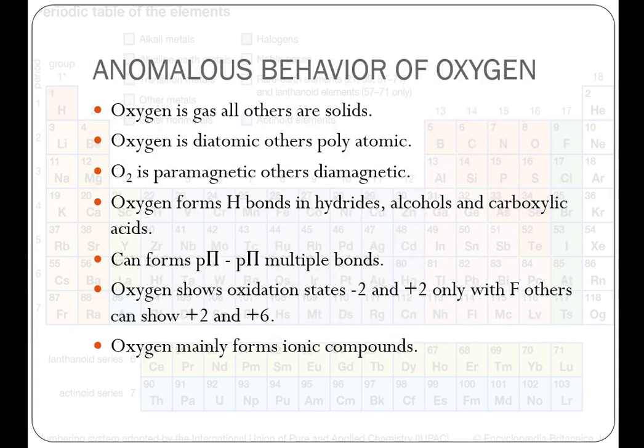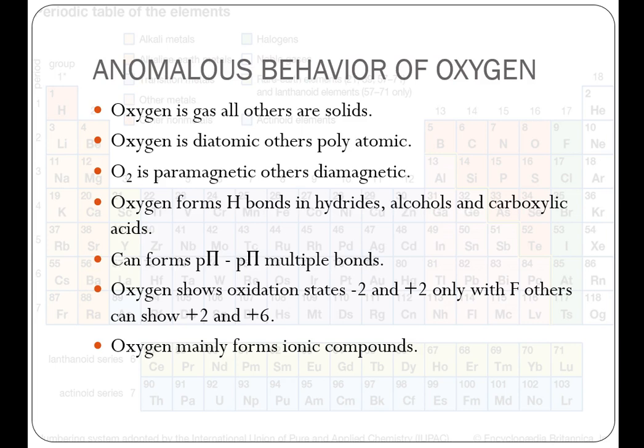Again, oxygen being the first element of the group has some properties which are different from the rest of the elements. It shows anomalous behavior. Oxygen is a gas while all others are solids. Oxygen is diatomic, others are polyatomic. Oxygen is paramagnetic, whereas others are diamagnetic.